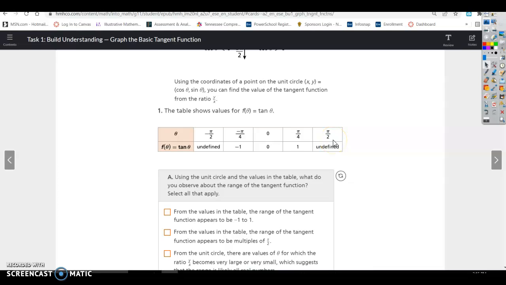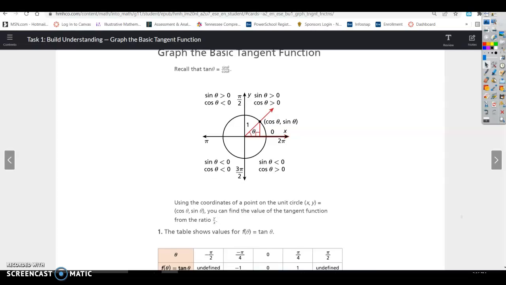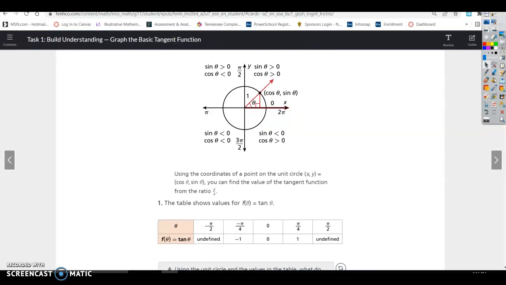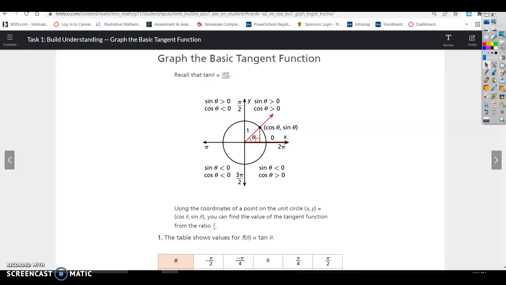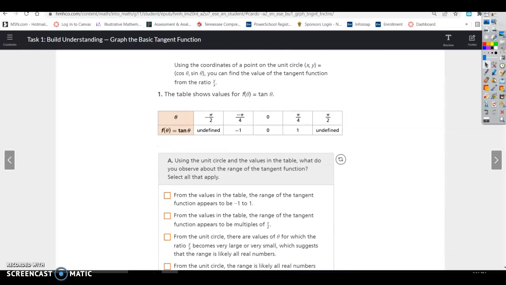All right, so it says using the unit circle and the values in the table, what do you observe about the range of the tangent function? All right, so the range is your y values. So what can you determine about your y values?